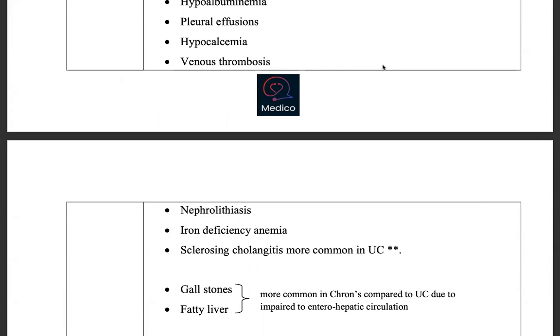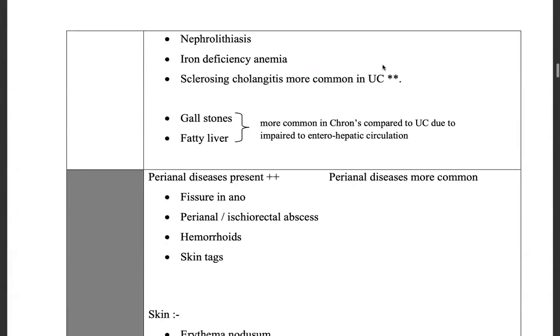Sclerosing cholangitis is much more common in ulcerative colitis. Also remember that in Crohn's disease there will be an impaired enterohepatic circulation. Therefore, there is an increased risk of gallstones and also of fatty liver.